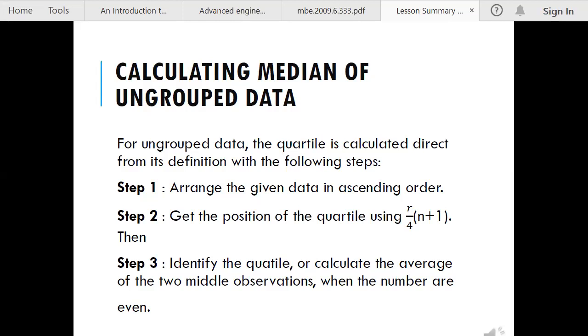The second step is to locate the position of the quartile or of the median using the general formula, which is R divided by 4, times (n plus 1). After you find the position, you locate the observation in that position to obtain your median. So let's take an example in relation to that.